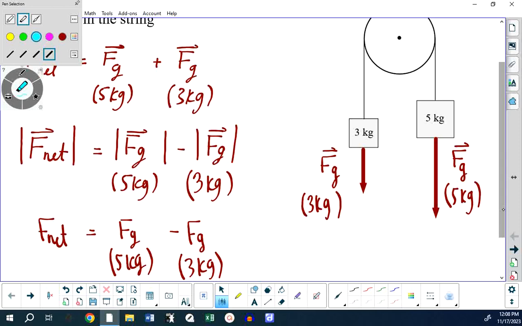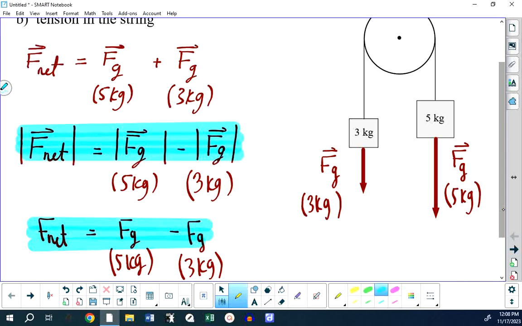This equation, which will be highlighted in blue, and this equation, which will be highlighted in blue, mean the same thing. It's just a different notation. So again, the equation at the top is saying we add the forces, and forces are vectors. The two blue equations are just different ways of saying what we're going to do to the magnitudes.